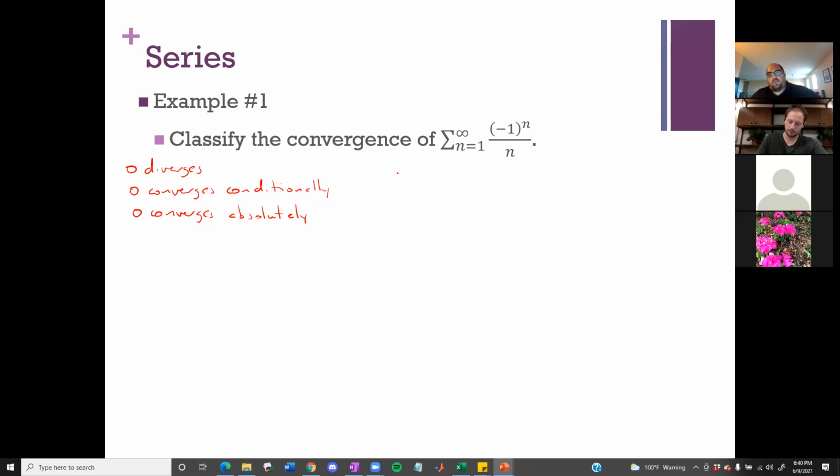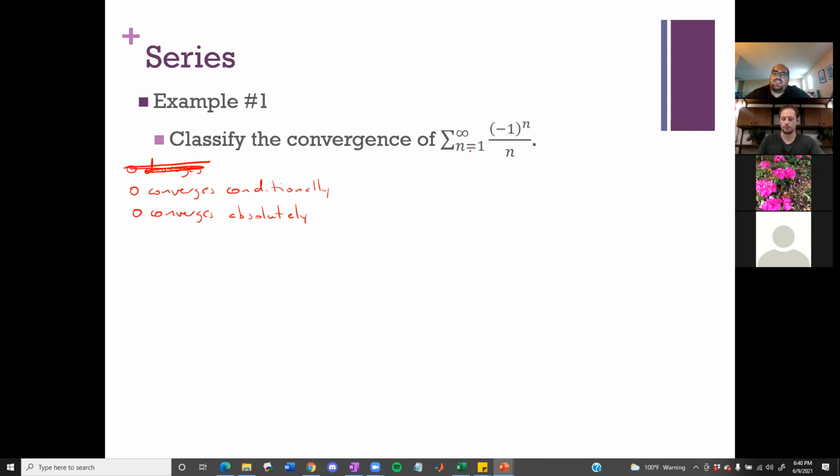So this series right here, which we talked about quite a bit last night, what does this one do? It converges. Based on that, I can throw out this choice because I know that under some circumstance it converges. So let me ask you this.